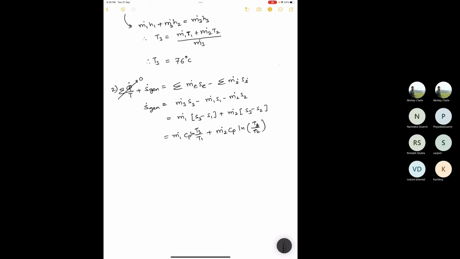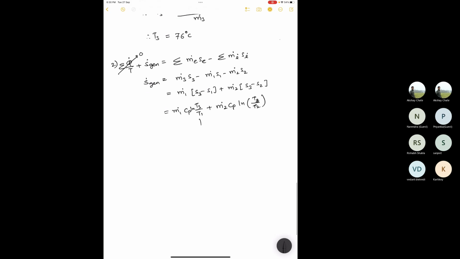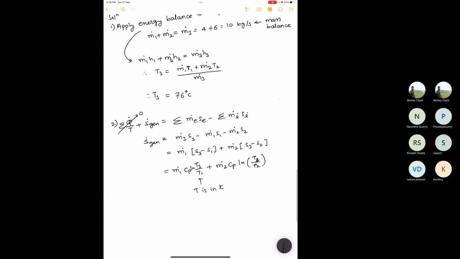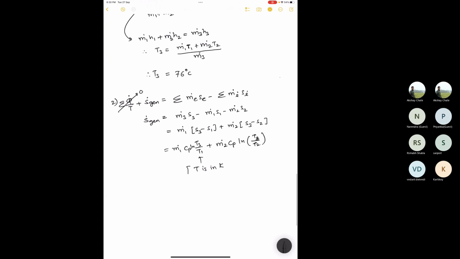I think you can solve this, but a very important thing to consider here is this T is in Kelvin. The first part we solved in degree Celsius because there it doesn't matter. It won't change because you'll just do constant addition on both sides. But here you need to remember this.